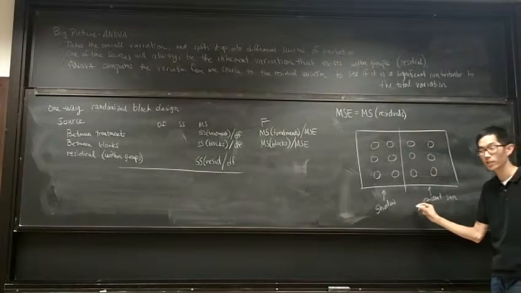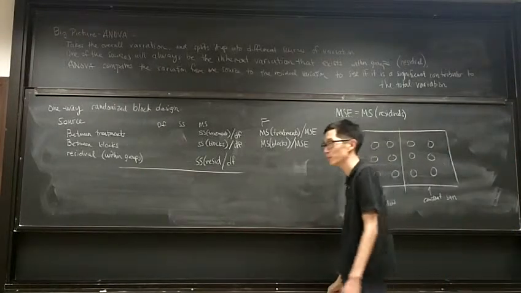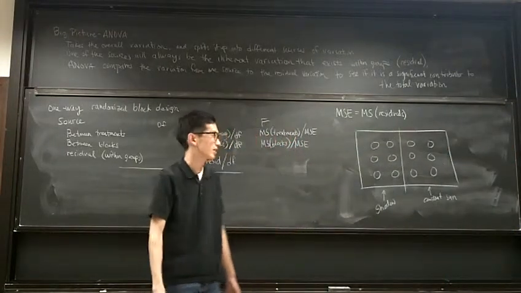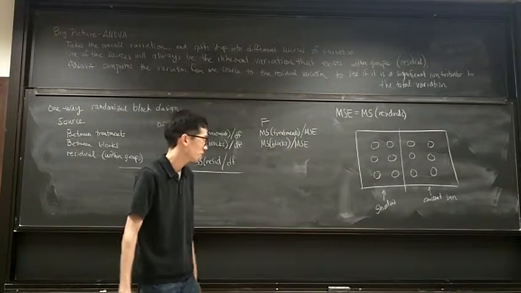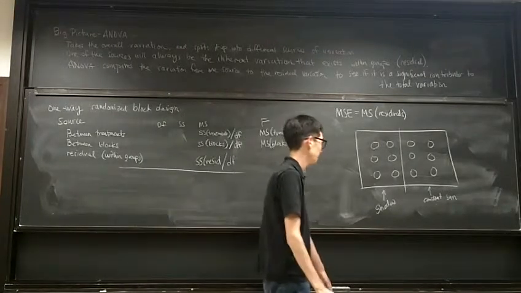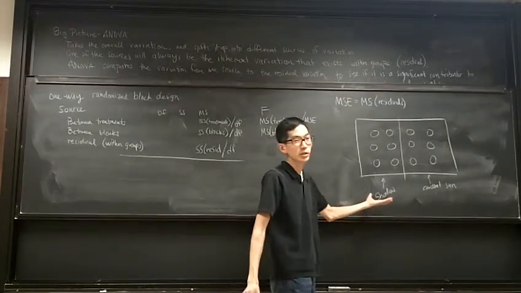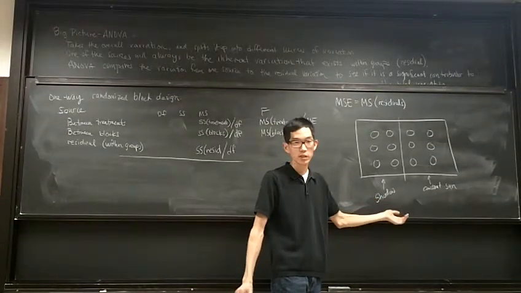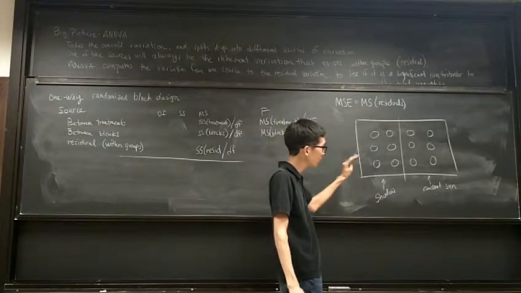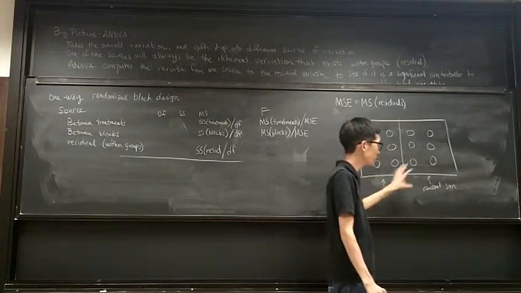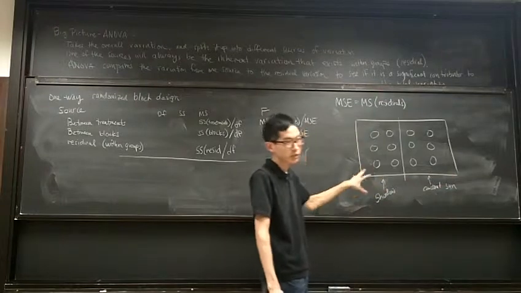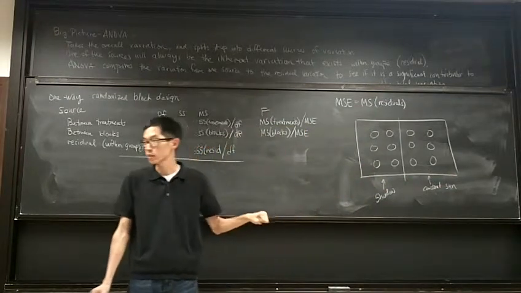I'm not going to rebuild my greenhouse, and there's nothing I can really do about this. So we want to take this into account when we do our analysis. We're not really interested in the effect of shadow versus constant sun, but we've got to take this into account.